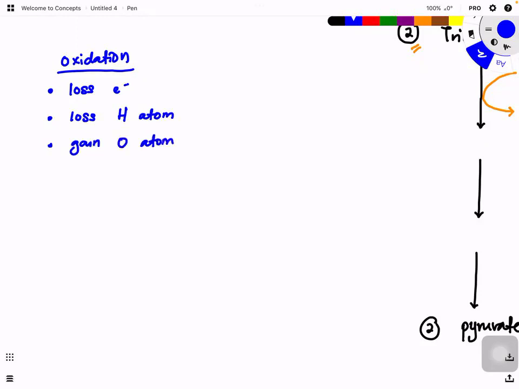Then reduction: here we gain electrons, or gain a hydrogen atom, or lose an oxygen atom.